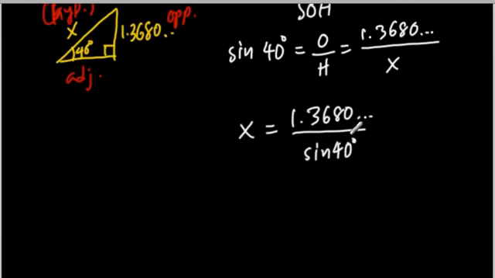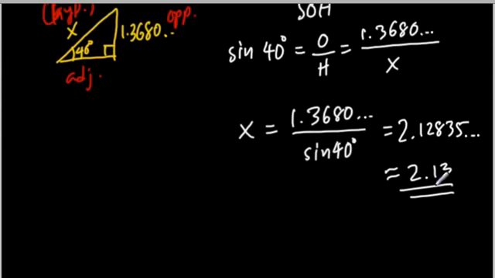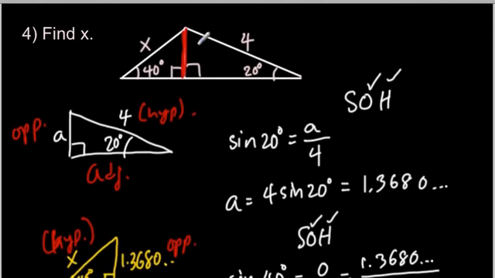If I plug this in, it's equal to 2.12835..., and I'm going to approximate to 3 significant figures, so it's 2.13, and that's my solution. So x in this case is equal to 2.13. Remember, whenever you see multiple triangles, break it apart, find some unknown sides, and then use that to find whatever quantity we're looking for.